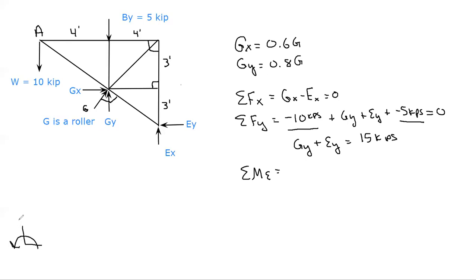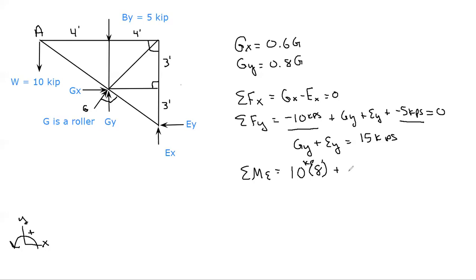As a reminder, moments in the counterclockwise direction will be considered positive, and in the clockwise direction will be considered negative. So I see the 10 kips is a player. It is 8 perpendicular feet away.